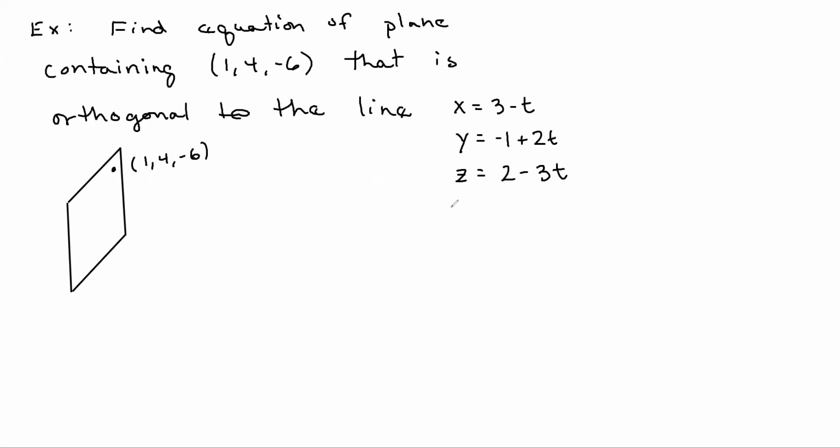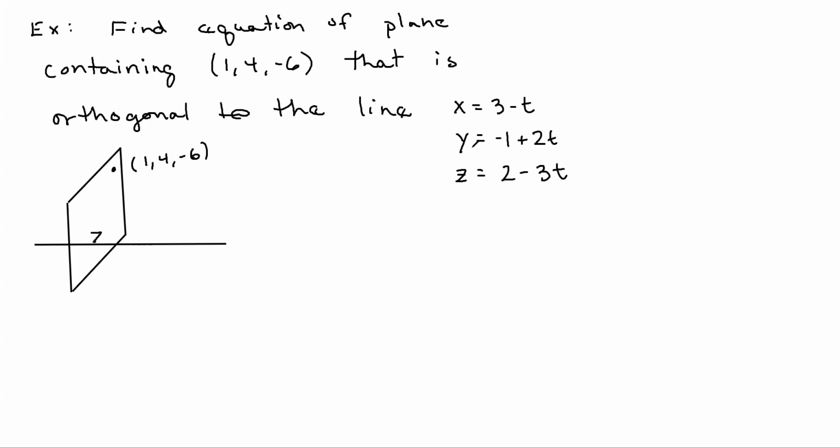And then what is this? It's a line that is orthogonal. So let's draw a line that's passing through our plane like that. Okay, and we know that that line is orthogonal to the plane.